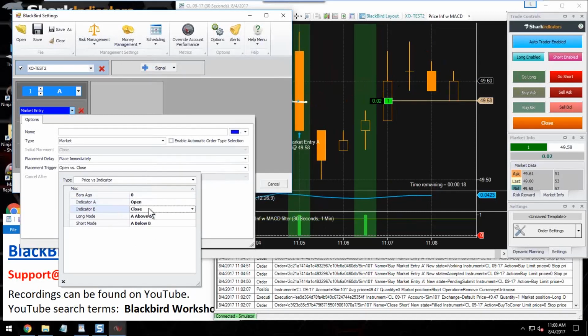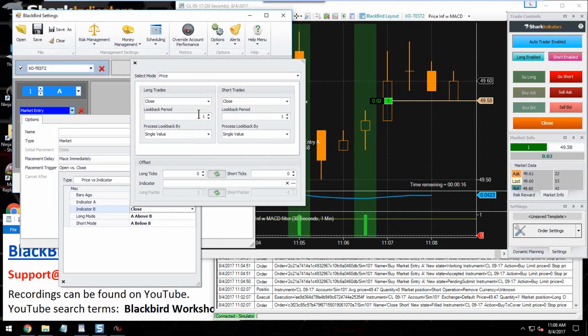And then the close, well, we want the close of the current building bar. Since we have calculate on bar close set to false, a look back period of 1 is actually the current live building bar.